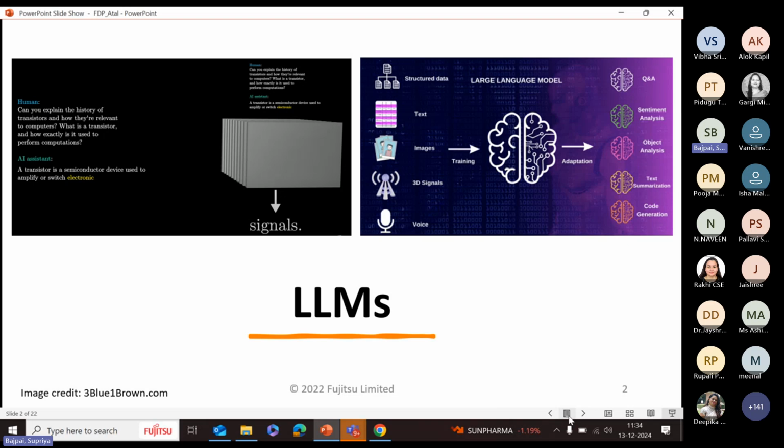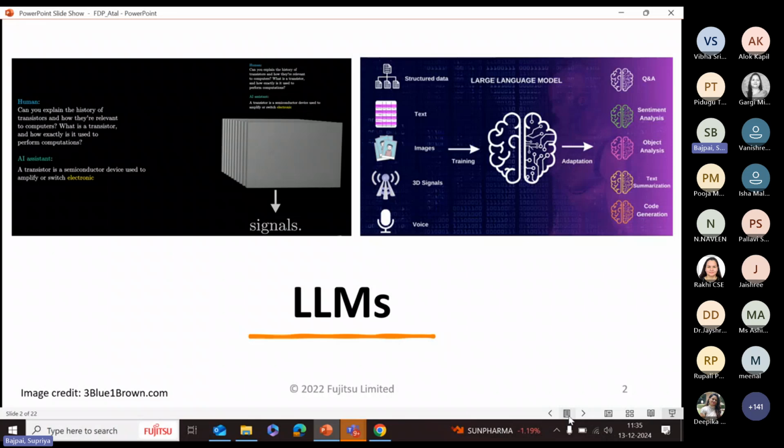So how do they do that? They are trained on a large amount of text data. Given a vocabulary of words, the system will predict which word has the highest probability to be the next word in the sequence. Suppose the prompt given is: a transistor is a semiconductor device used to amplify or switch.